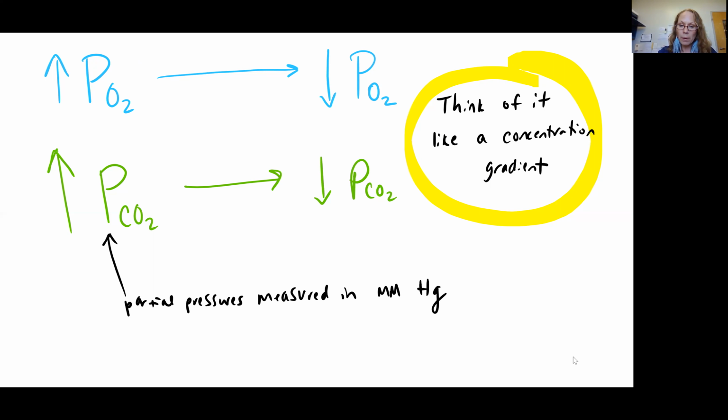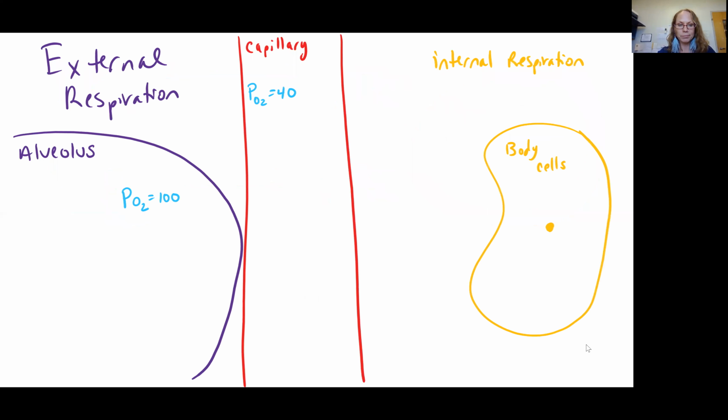When we're talking about partial pressure, pressure is measured in millimeters of mercury, so you'll see that kind of unit. I've left it off my diagrams for simplification, but it is described in your text. Here we're looking on one side at external respiration, which, remember, is getting air from the atmosphere into our blood.